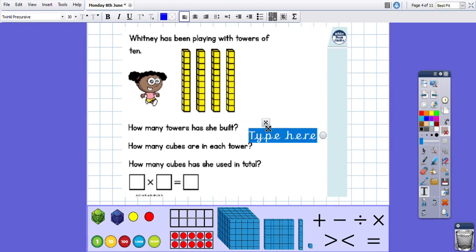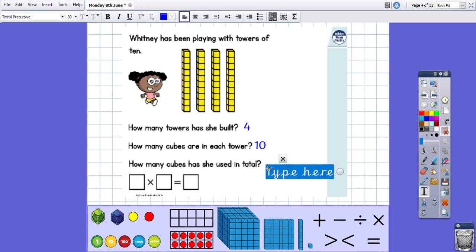Okay, so how many towers has she built? Well, she has built 1, 2, 3, 4 towers. How many cubes are in each tower? Now they're all equal, so I just need to count one tower. So it's 1, 2, 3, 4, 5, 6, 7, 8, 9, 10. So there are 10 cubes in each. So how many cubes has she used in total?